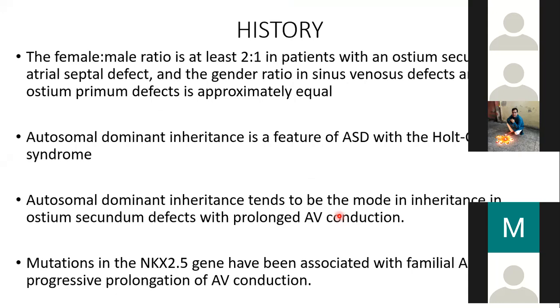When the patient is lying down, things improve, but as soon as the patient sits, there is dyspnea and decreased saturation. That is because the blood is getting directed from the IVC to the left atrium.